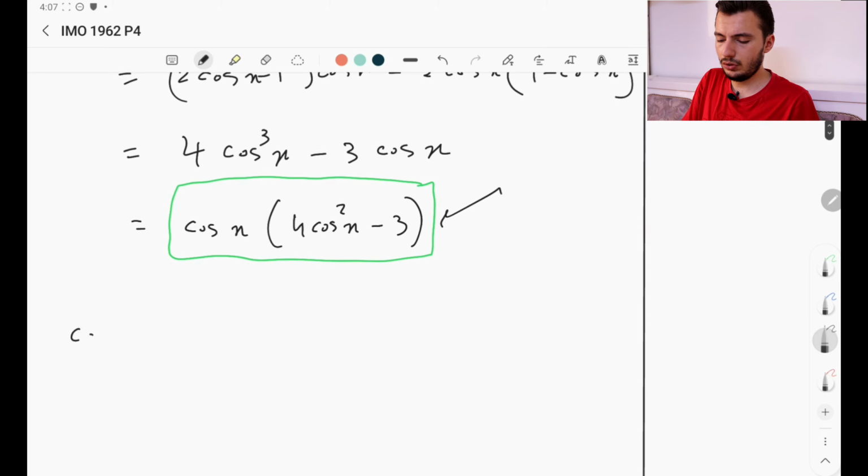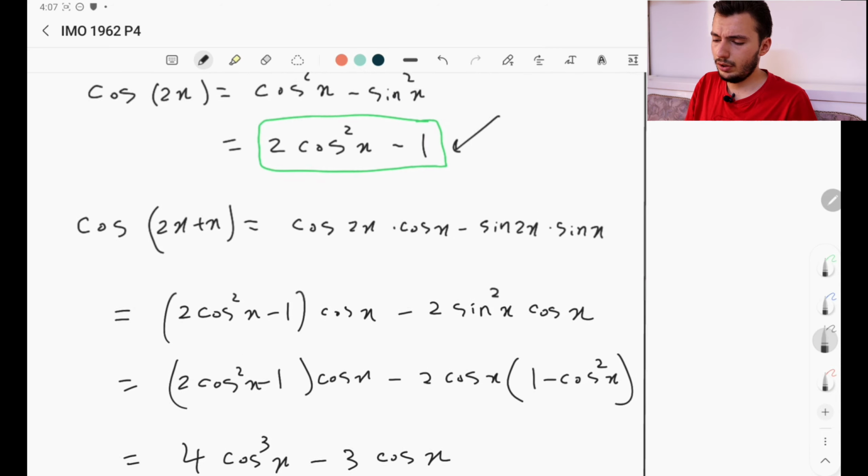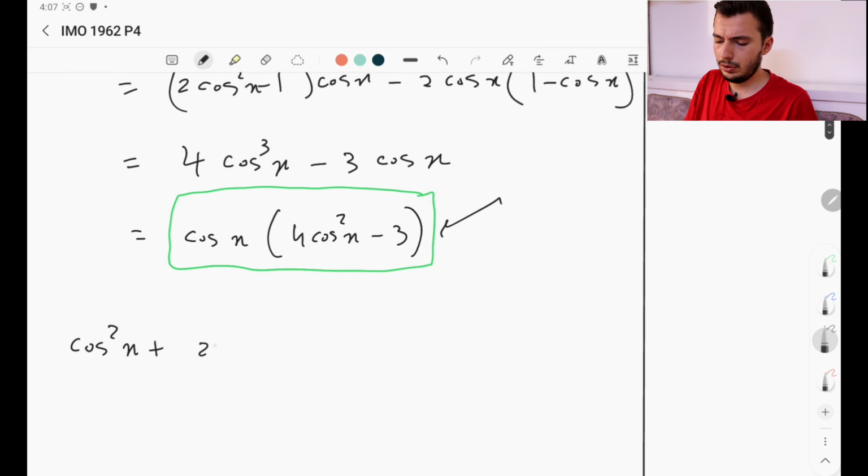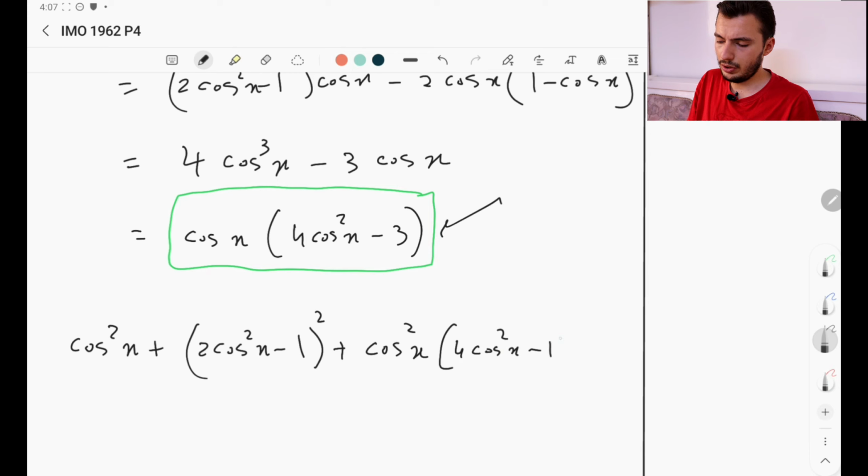So now we have cosine x squared plus the second one, if you remember, it was 2 cosine x squared minus 1 squared, and finally plus cosine x squared times 4 cosine squared minus 3, all of it squared, and all of this is just equal to 1.